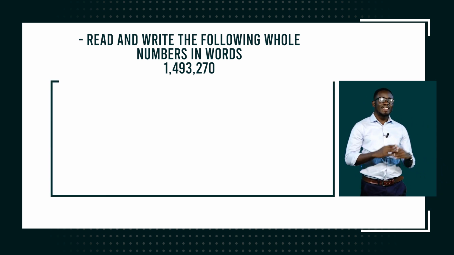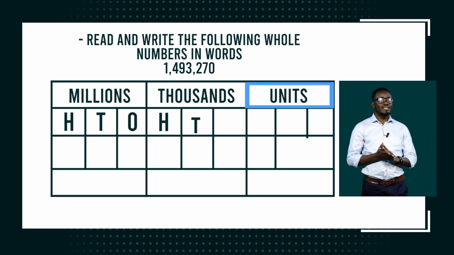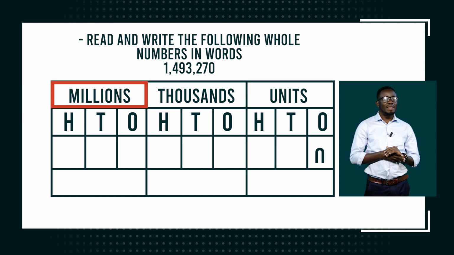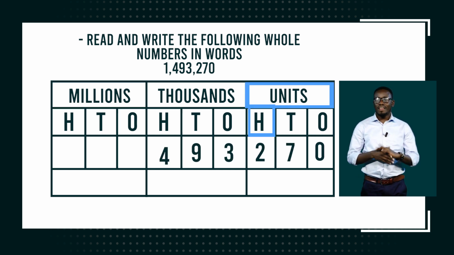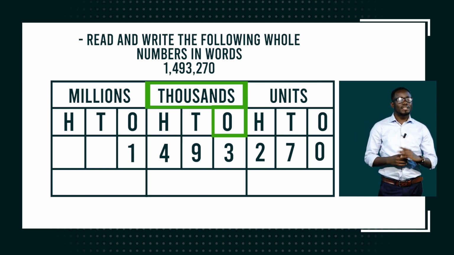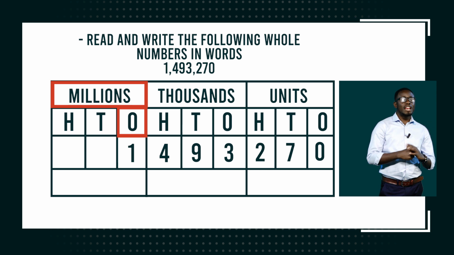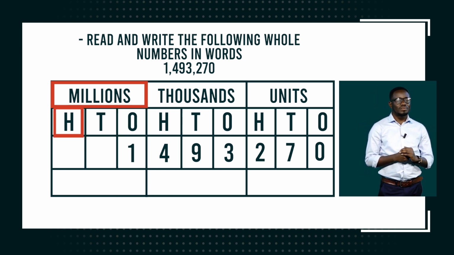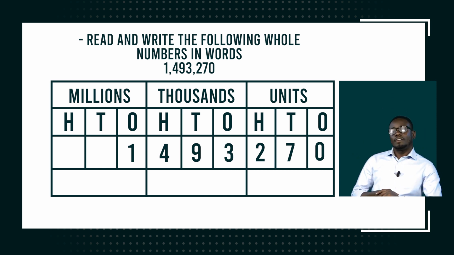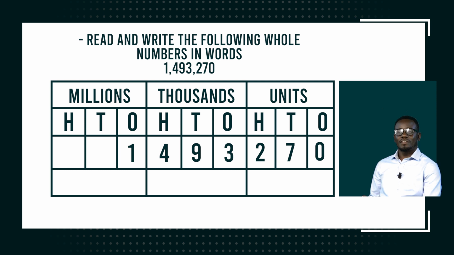As we have said, you draw the place value table, then put the units, the thousands, the millions, then the ones, tens, hundreds, 1,000, 10,000, 100,000, 1 million, 10 millions, and 100 millions. Then start filling the given number in the place value table.